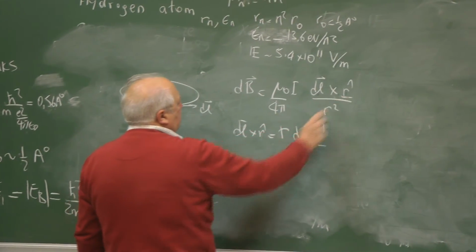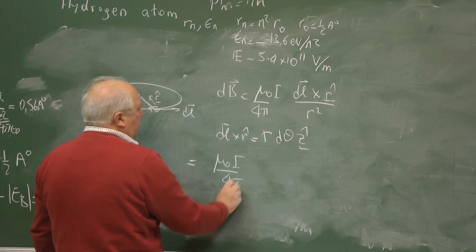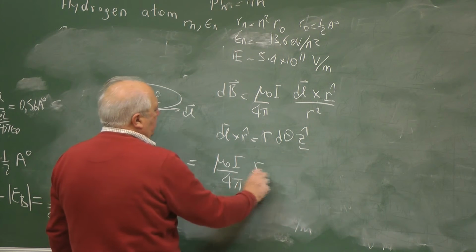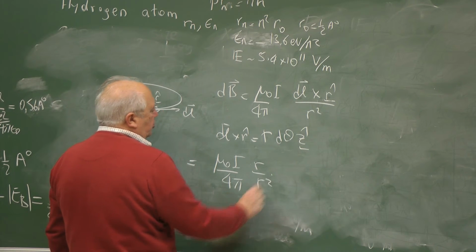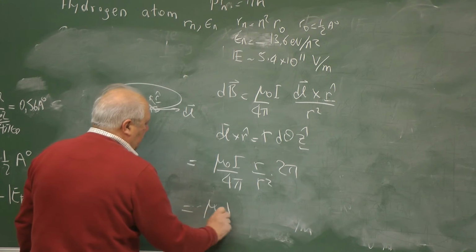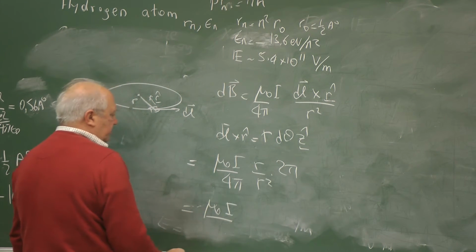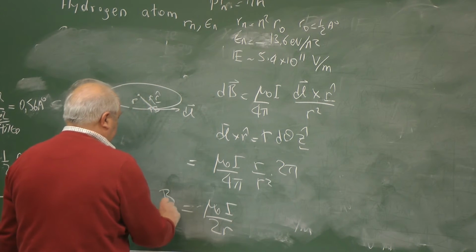The magnitude of this thing is 1. Therefore, it is mu 0 I over 4 pi, R over R square. And the integral of d theta is 2 pi. So the result is mu 0 I over 2R. That's the B.